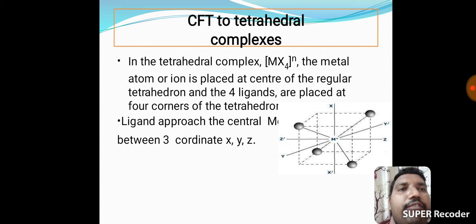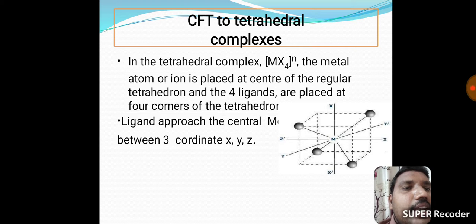Crystal field theory, tetrahedral complexes. In the tetrahedral complexes, MX4, where M means central metal atom, X4 is 4 ligands. 4 ligands are attached to the central metal atom.